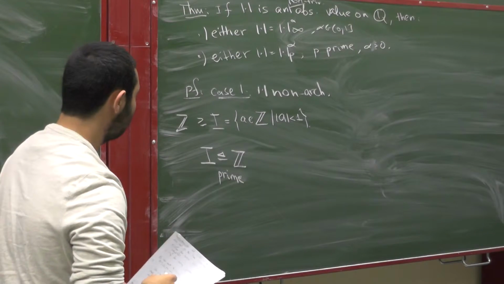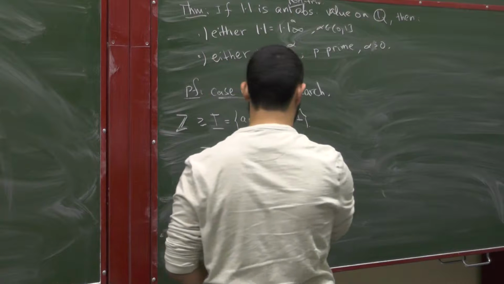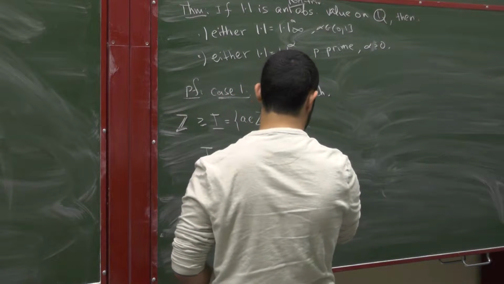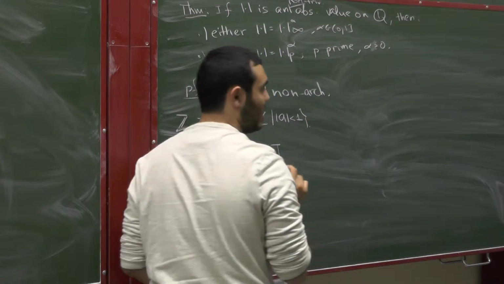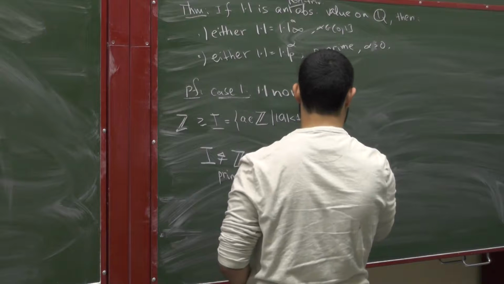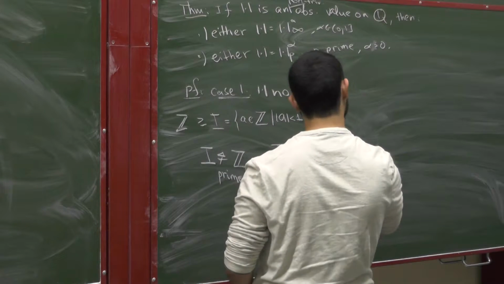So because it's not everything, and actually it can't be only 0 because of the lemma, I have some pZ when p is prime.